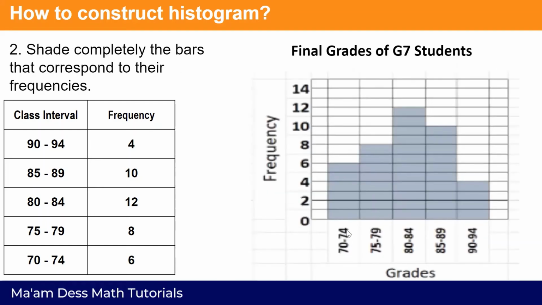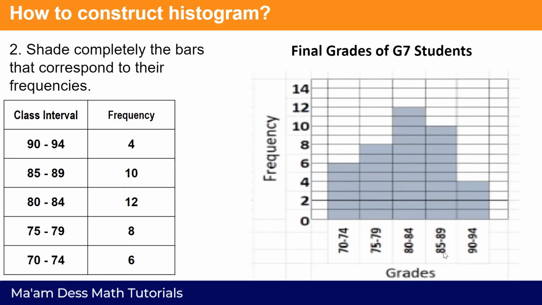So, from 70 to 74, ayan, tingnan natin sa baba. So, we have 6. Okay. So, hanapin mo yung 6. Ayan. 75 to 79, we have 8. Okay. So, 8. Next, 80 to 84. Okay, 12. Ayan. So, mas madali mo siyang makikita.